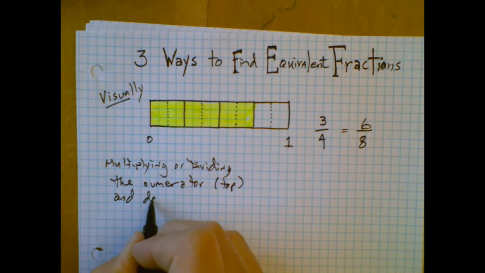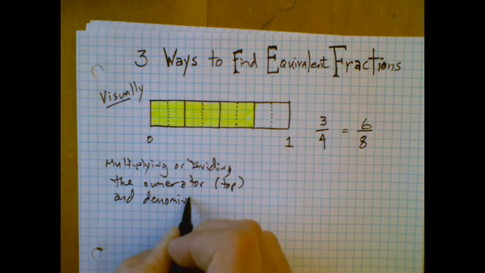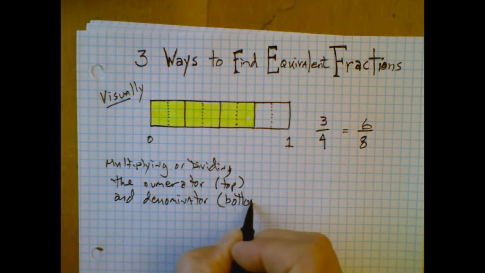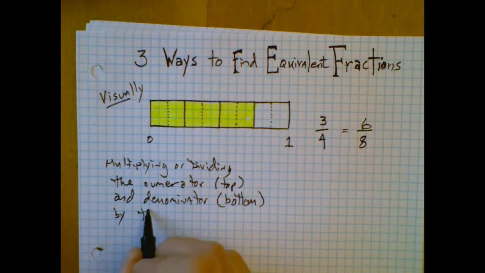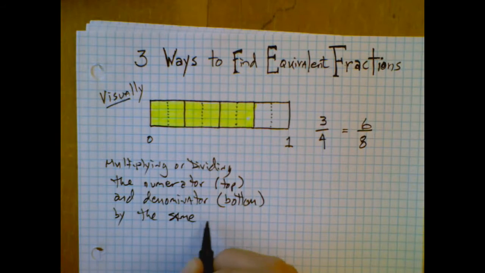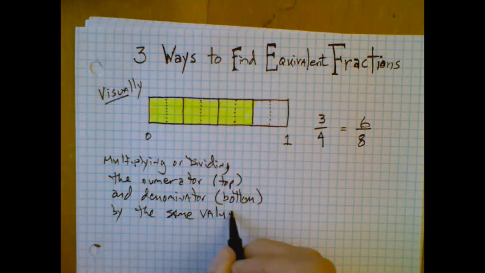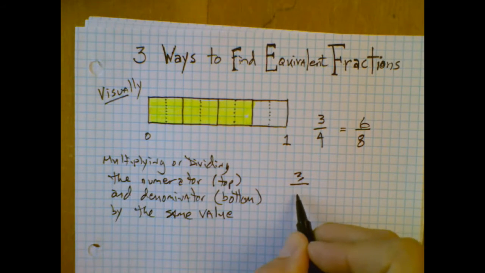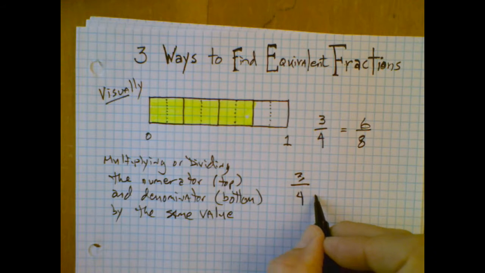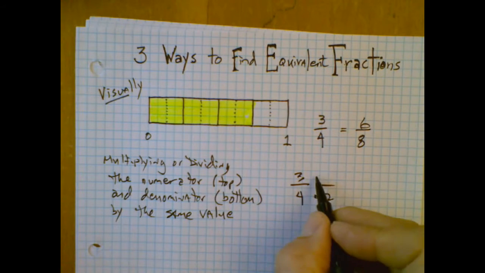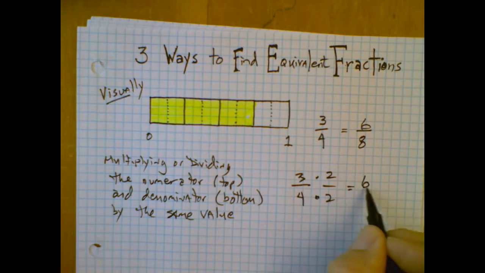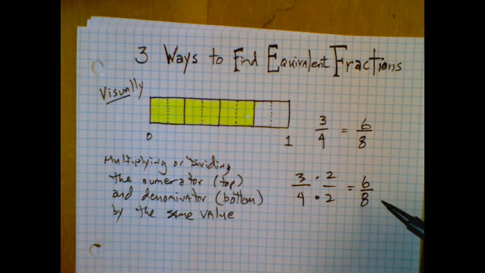And denominator, also known as the bottom of the fraction, by the same value. So in this case, if I have my 3/4 and I multiply top and bottom by the same amount, say 2, when I do the computation, 3 times 2 is 6, 4 times 2 is 8. So lo and behold, I get the same thing as what I did visually.